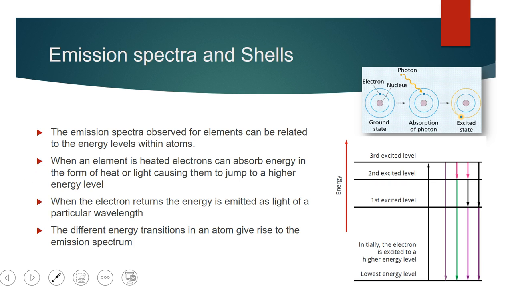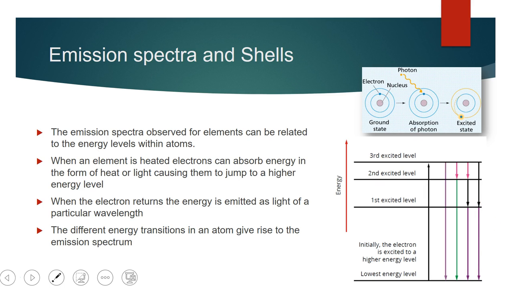So here, if this is n equals 1 on our base level, electrons promoted all the way up to the third excited level can come all the way back down, which would give us light in the ultraviolet region. Or they could drop down a little bit, emitting a little bit of light, and then drop down again, emitting light of a higher energy. Or they could come down in 3 stages or 2 stages of larger energy level.